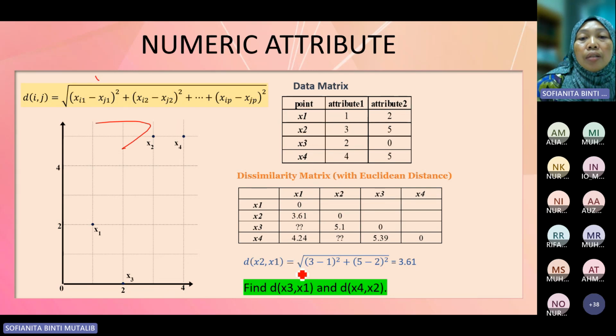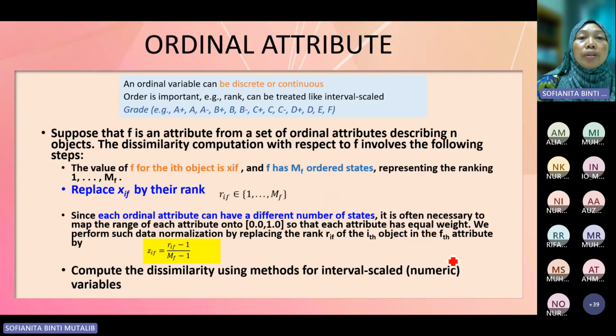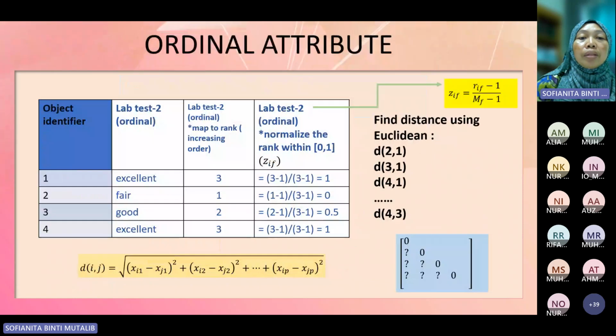The value will be to compare between the value of attribute 1 and attribute 2 for x1 and x2. So this is how we put it in the equation.